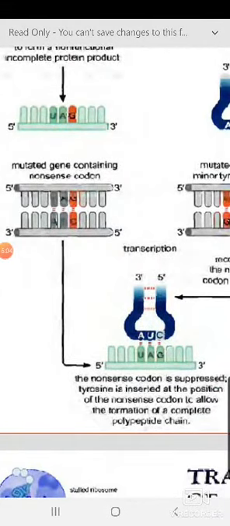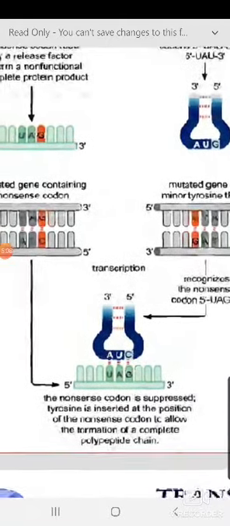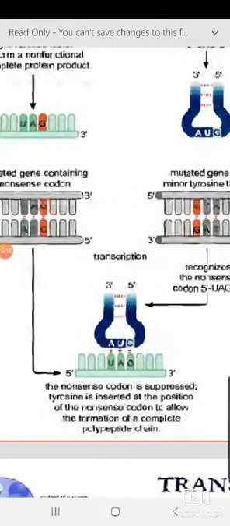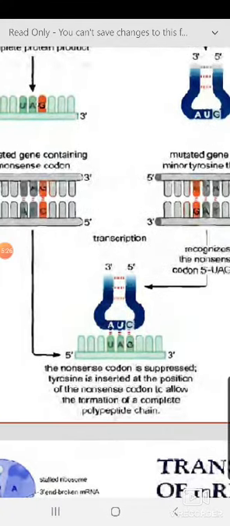So you are seeing AUC. So it can recognize a nonsense codon, and it is coding for whom? Tyrosine. So it is inserting a tyrosine residue where it should not insert anything, where our codon is UAG. So the nonsense codon is suppressed. Tyrosine is inserted at the position of the nonsense codon, which allows the formation of a complete polypeptide chain.